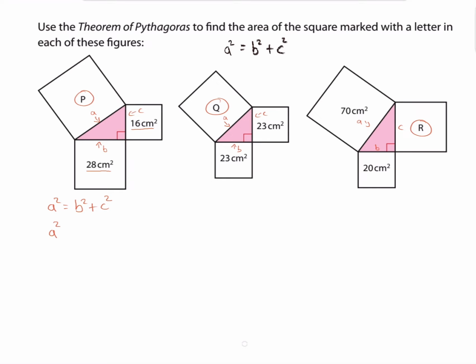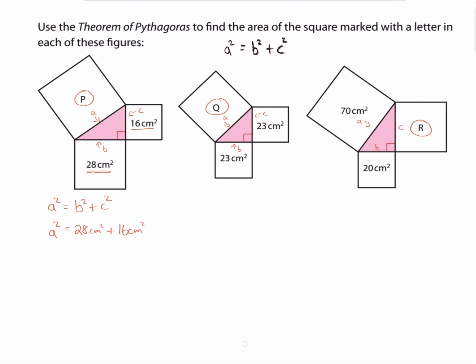Do I know what B squared is? Yes, I do. It's already told me that B squared is 28 centimeters squared. All right. And then C is 16 centimeters. So I'm plussing 16 centimeters squared.